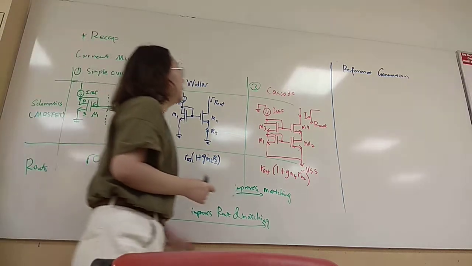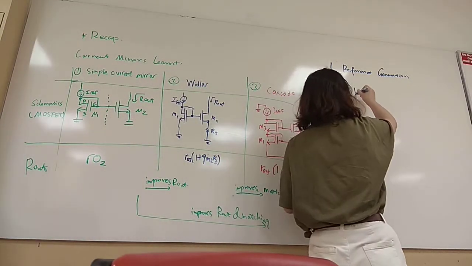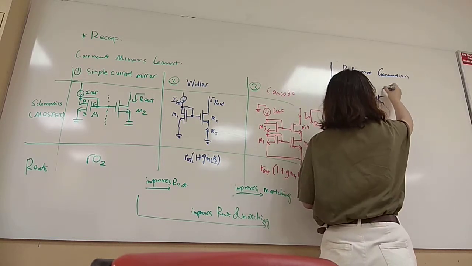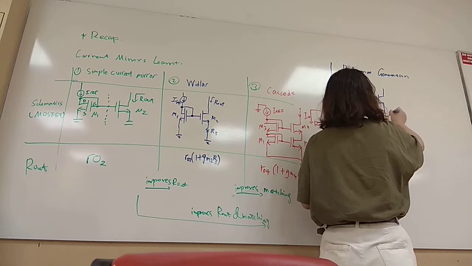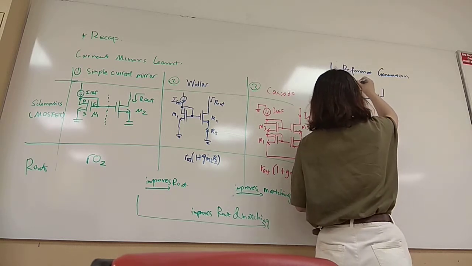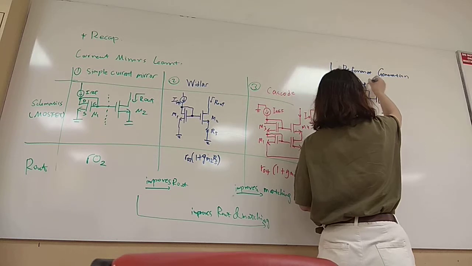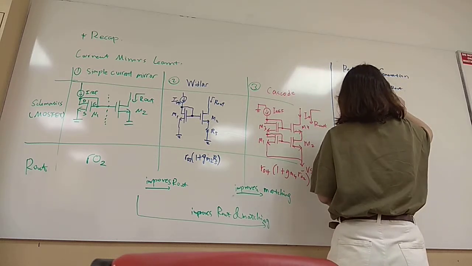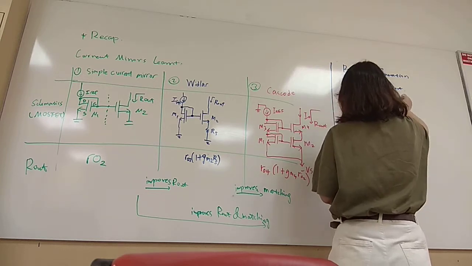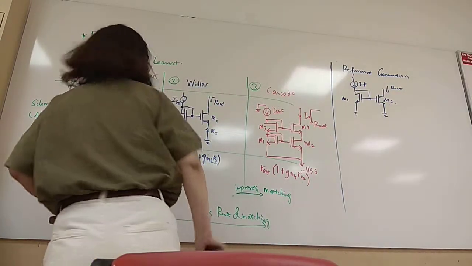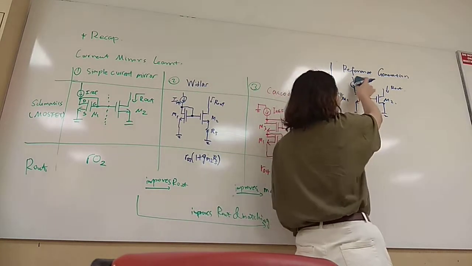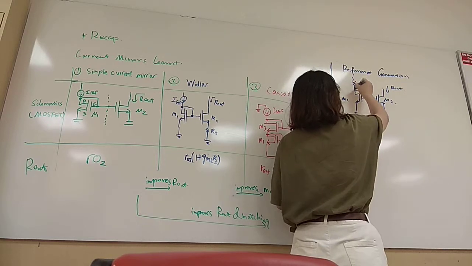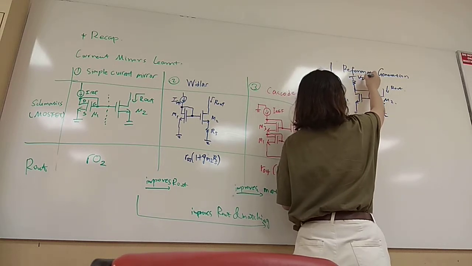So let's say we have your simple current mirror. If you have a simple current mirror, how are you going to generate this IREF? One way is to put a resistor there. And here you connect to a higher potential, let's say VDD.